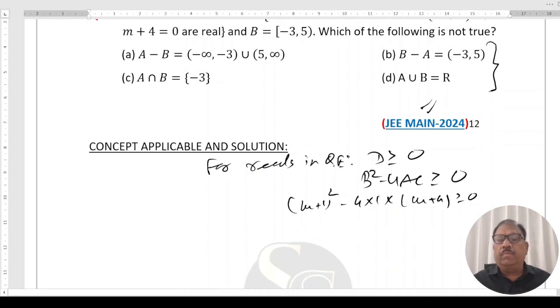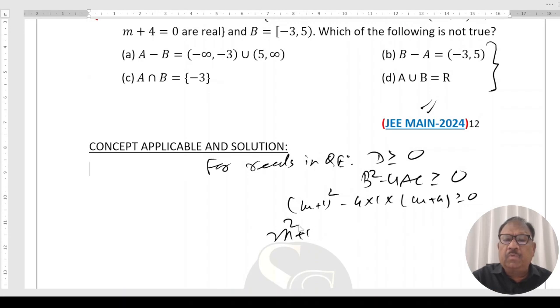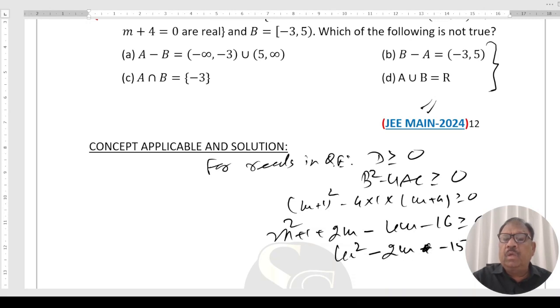On simplification, we get m square plus 1 plus 2m minus 4m minus 16 greater than or equal to 0, so m square minus 2m minus 15 is greater than or equal to 0.